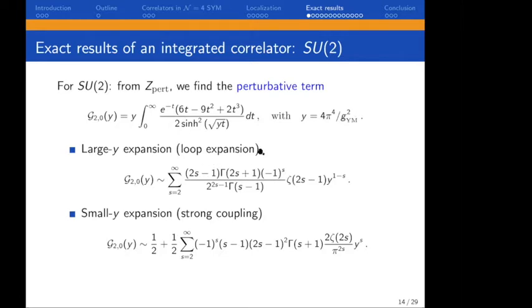So it's really the perturbative expansion. So from this formula, first of all, you can infer, say, the all-loop expansion for this integrated correlator. Or you can do a small y expansion, which would correspond to a large g_YM expansion. So I call it the strong coupling expansion. So you've got these two formulas, which look, may or may not be, interesting to you.